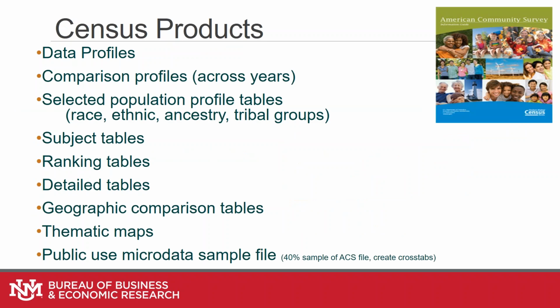So one of the ways to narrow down and focus your search when you're looking for data is to understand the different products the Census Bureau puts out for serving up data. And both the Decennial Census and the American Community Survey have these products. One of the top products I usually tell people when they're in American Fact Finder and trying to pull data is to use a data profile.